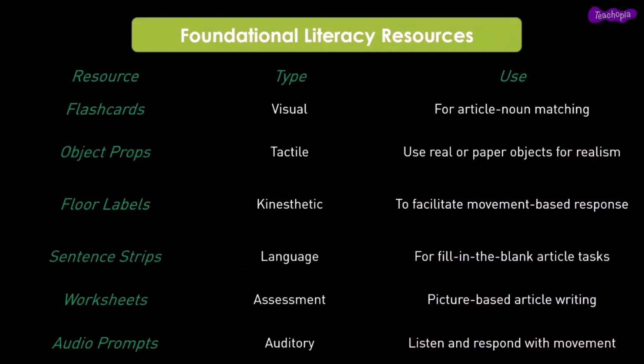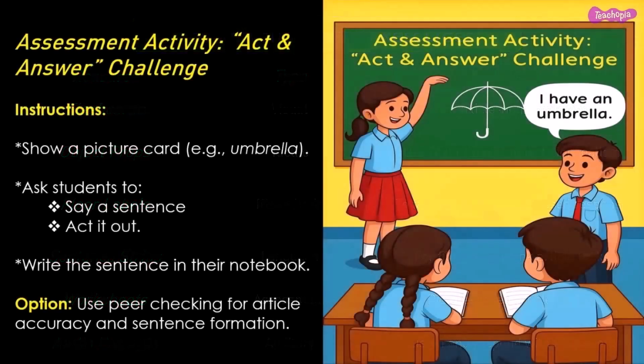Sentence strips, which is the language type, is used to fill in the blank article tasks. Worksheets are for assessment, which is picture-based article writing. And audio prompts, which is the auditory type, is used to listen and respond with movements.